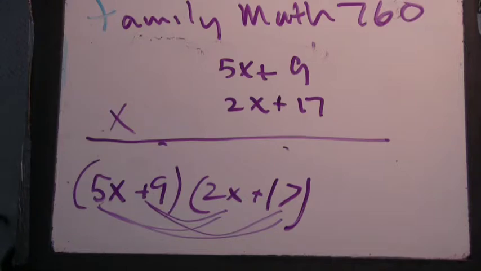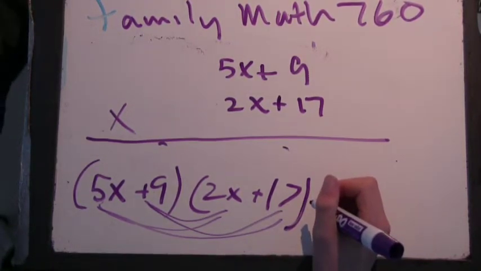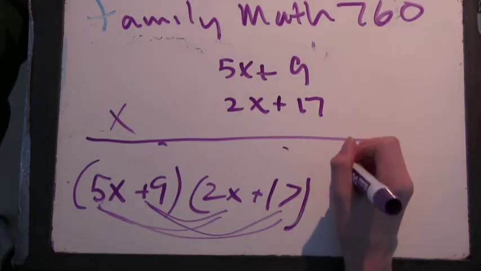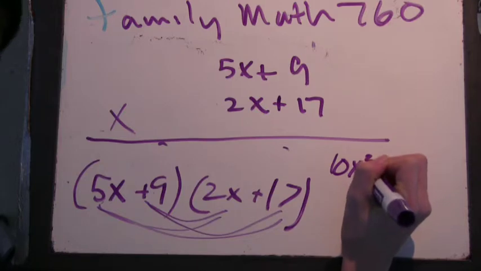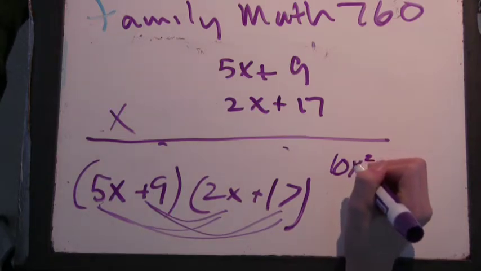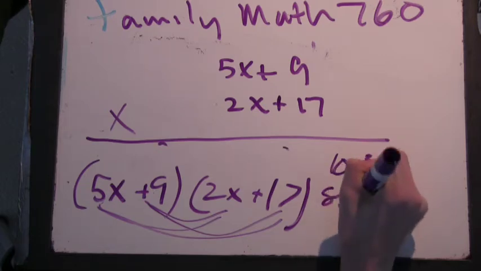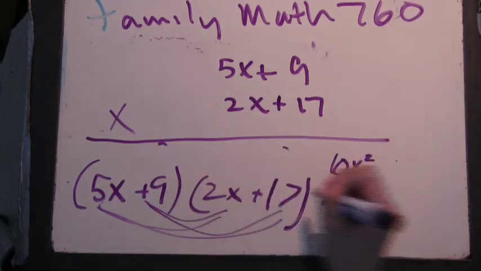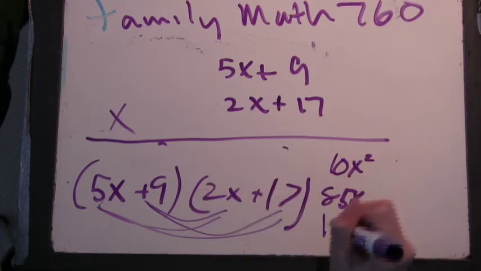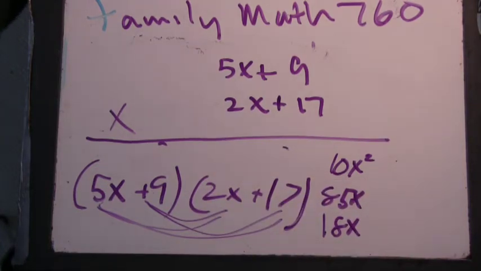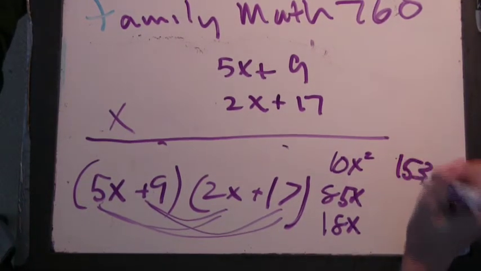Okay, well go ahead and multiply this out. So you have 5x times 2x is 10x squared. Okay. 5x times 17 would be 85x. 9 times 2x is 18x, and then 9 times 17 is 153.